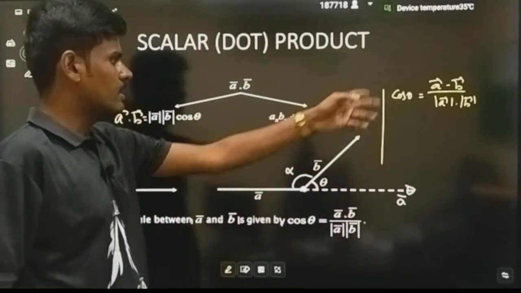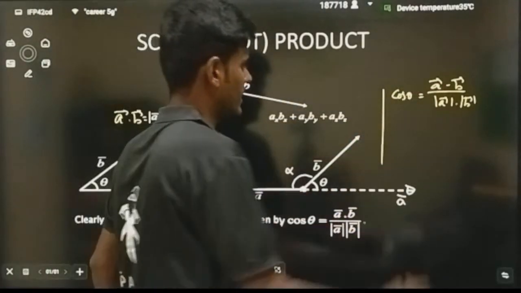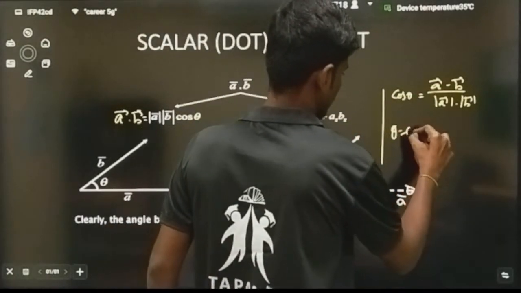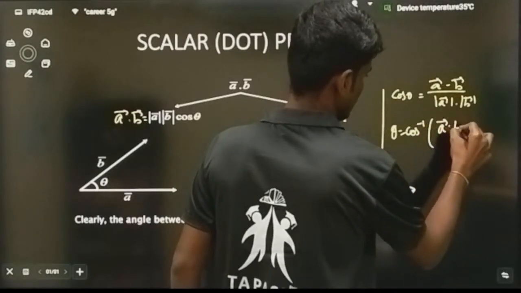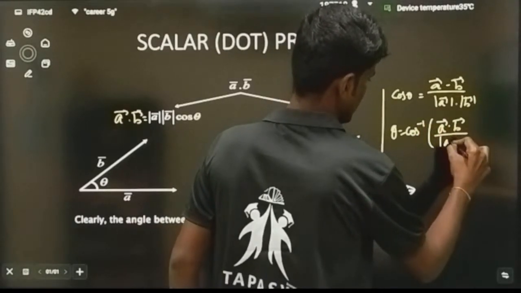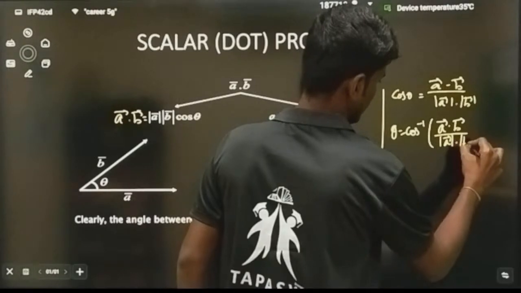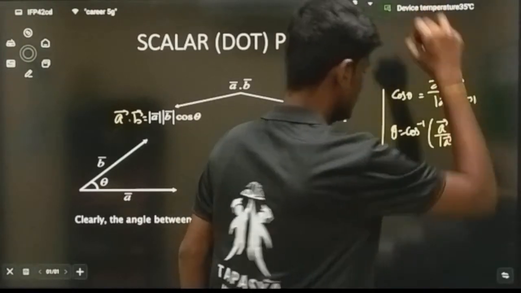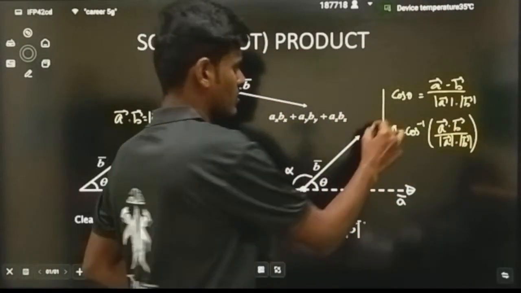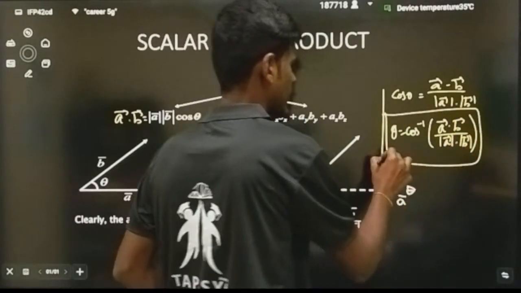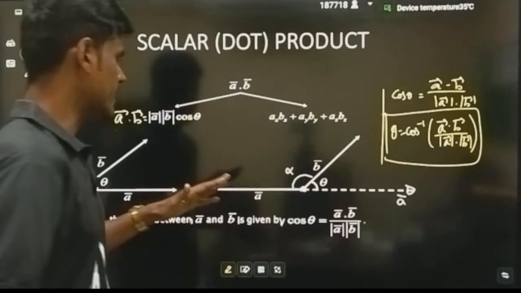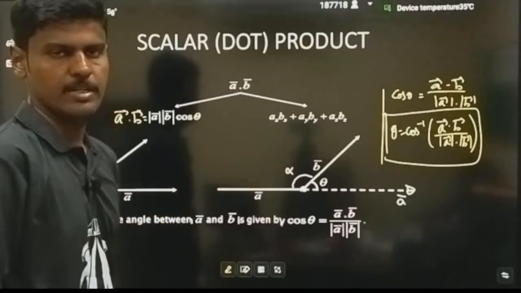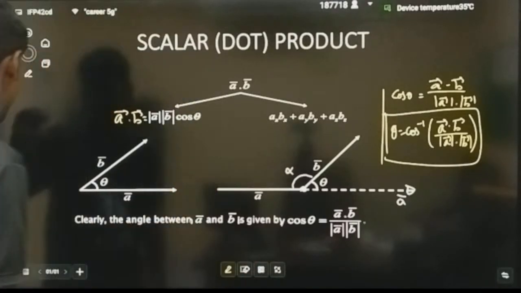And what is theta? Theta is cos inverse of A dot B by modulus A vector into modulus B vector. This is the angle between two vectors that is given by cos inverse of A dot B by mod A mod B, right? So this is the formula given, okay?